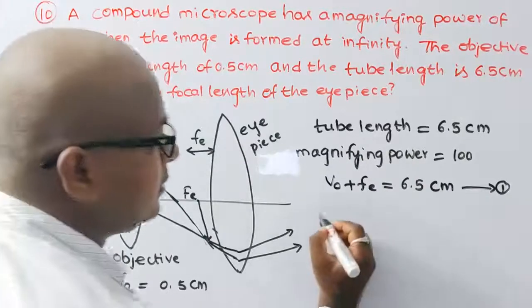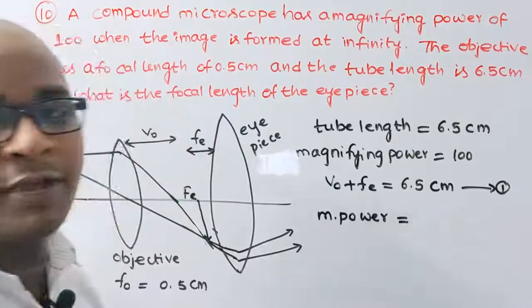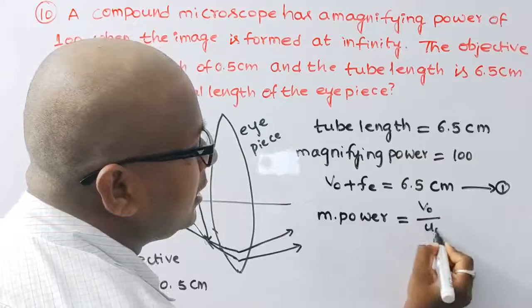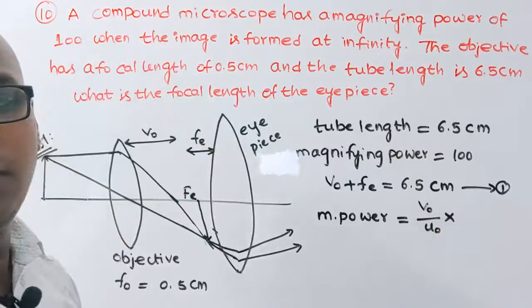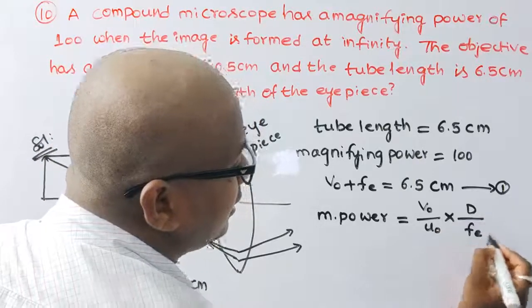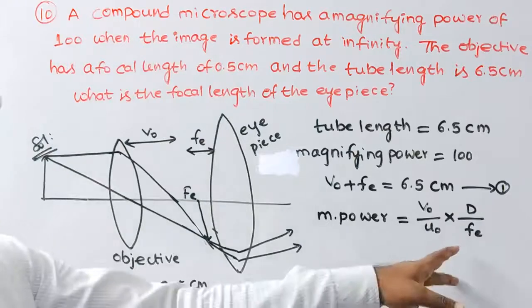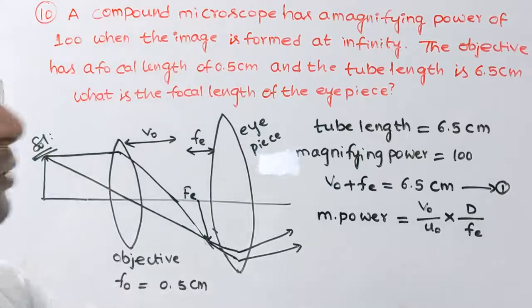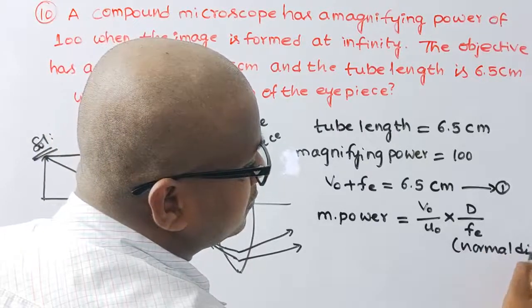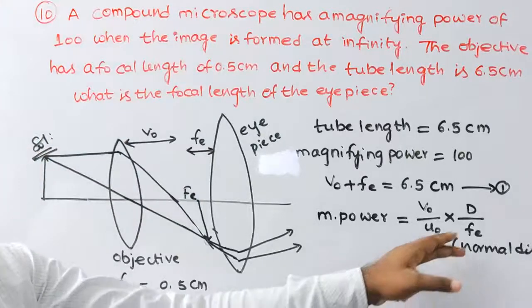The magnifying power is equal to V naught by U naught into D by FE, capital D by FE, where FE is the focal length of the eyepiece. In this formula, D is the near point distance. Magnifying power is equal to V naught by U naught into D by FE.